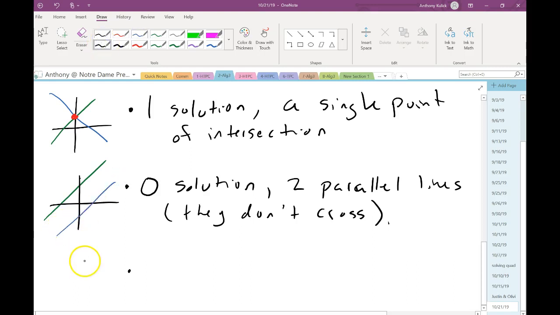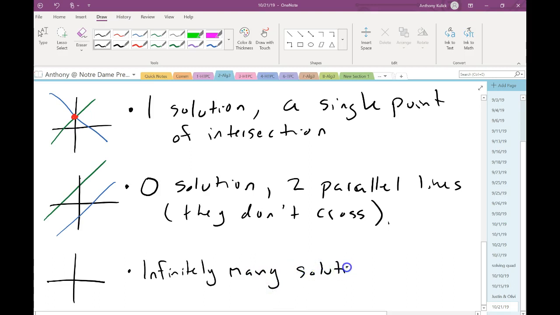Well, remember these lines have to be straight. You could have infinitely many solutions. What would that look like? Yeah.